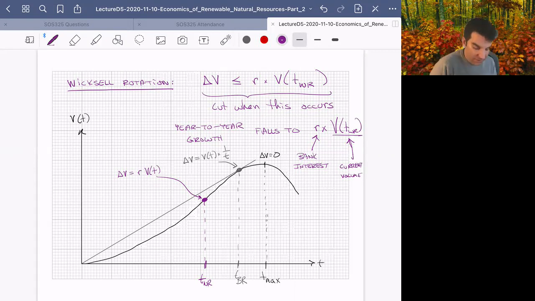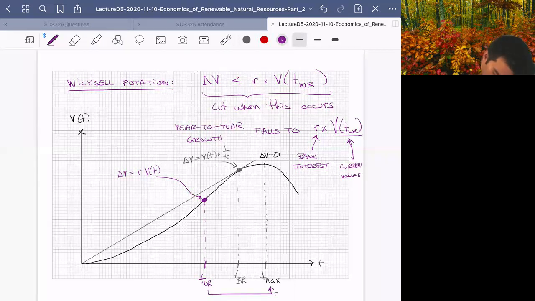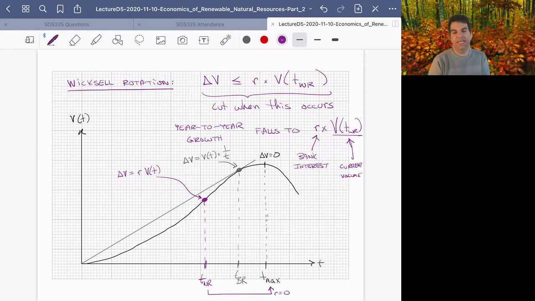And so if I set R equal to 0, I can make T Wicksell rotation go all the way to T max, right? Because at that point I can say, just let the things grow until they stop returning any interest.